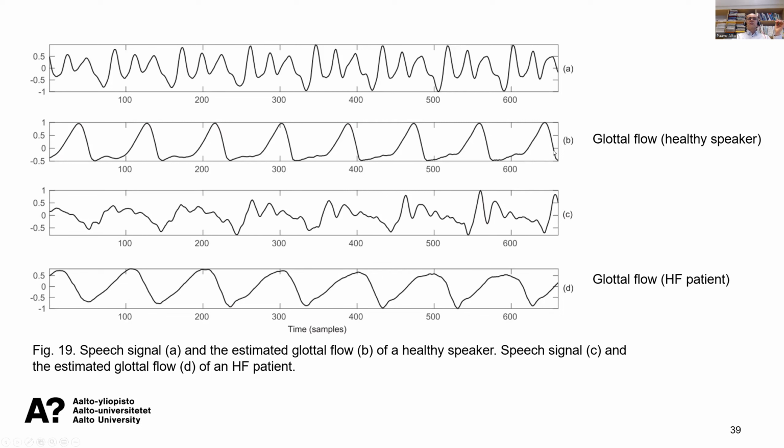So what we can see by comparing these two curves in general is that there seems to be a difference in the glottal source waveform between at least these two representative subjects which belong to different classes. The healthy one shows a clear closed phase, whereas that is not obviously shown by the patient.